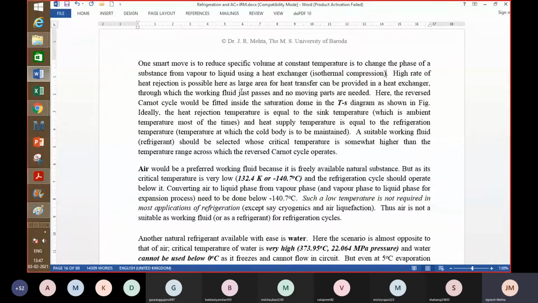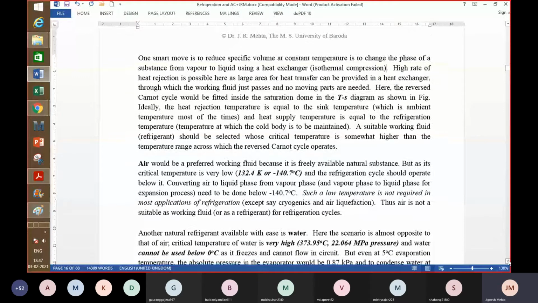The temperature at which you want to cool the product or the space. A suitable working fluid should be selected whose critical temperature is somewhat higher than the temperature range across which the reverse Carnot cycle operates. Because you want to fit it in the saturation dome, your critical temperature obviously has to be higher than that.